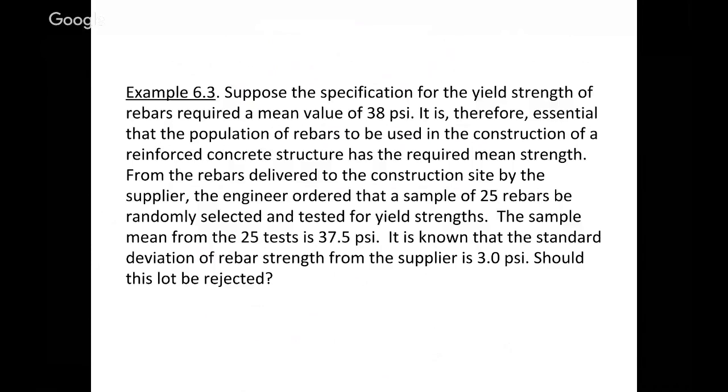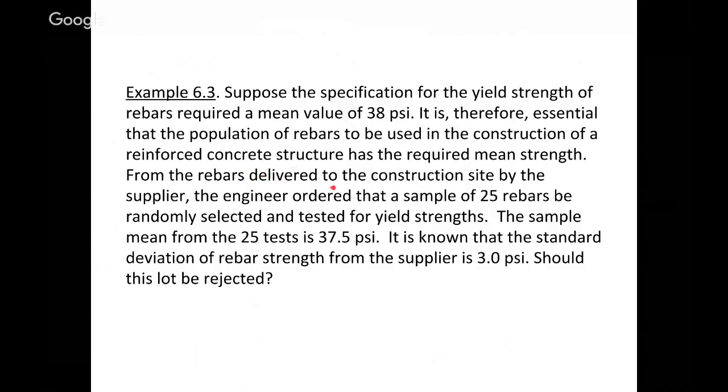It's example 6.3 in the textbook, and the problem statement looks like this. Suppose the specification for the yield strength of rebars required a mean value of 38 pounds per square inch. It is therefore essential that the population of rebars to be used in the construction of a reinforced concrete structure has the required mean strength.